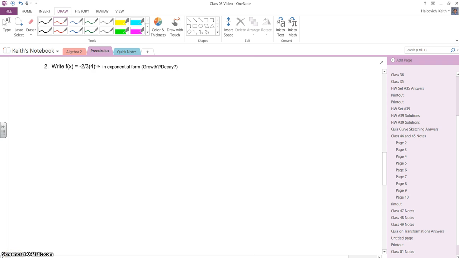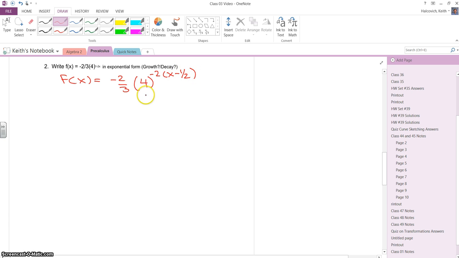So number 2, we want to write it in exponential form and see if it's growth or decay. So remember, to write it in exponential form, we're going to basically factor out the 2 here and make it x minus 1/2.